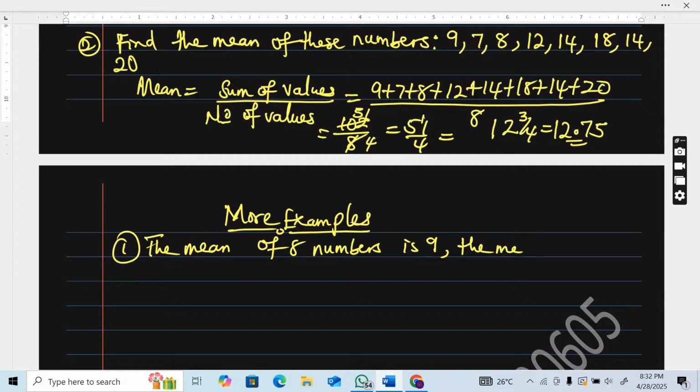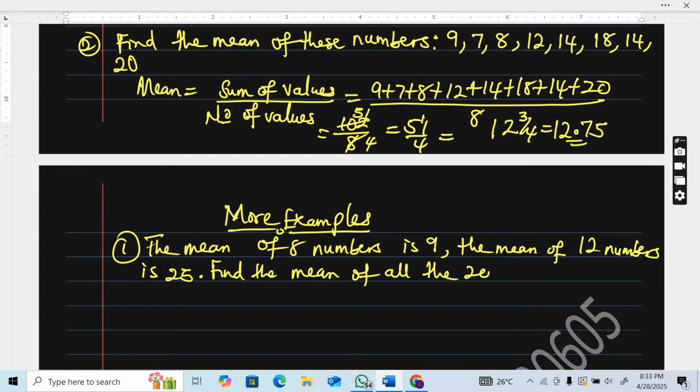The mean of 12 numbers is 25. Find the mean of all the 20 numbers.